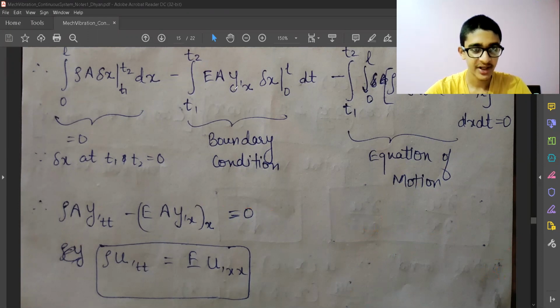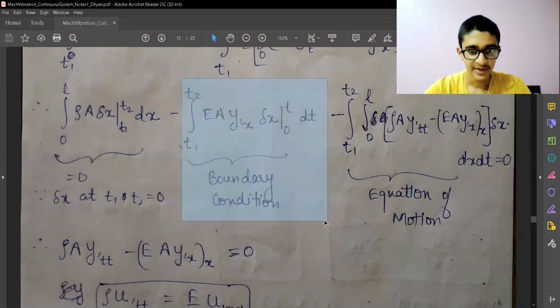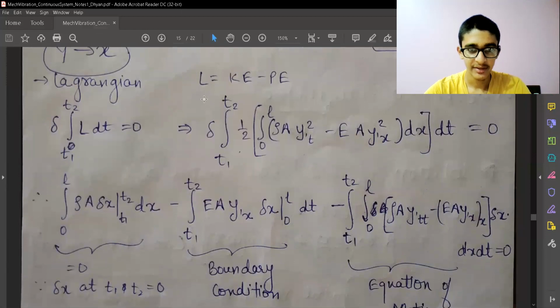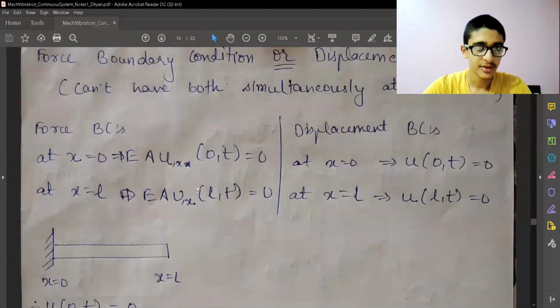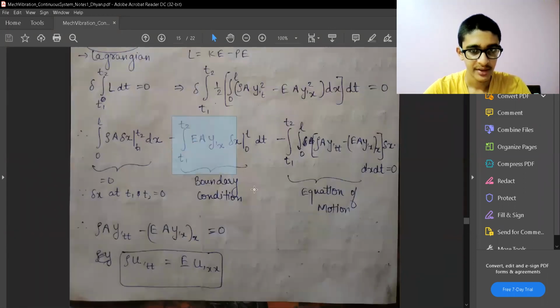But what's the extra advantage is we are getting some other conditions. So these are the boundary conditions and initial conditions which are useful to us, and let's come to those. So the force boundary condition or displacement boundary condition should be there as per the inference from this. So this was the force and this was the displacement.